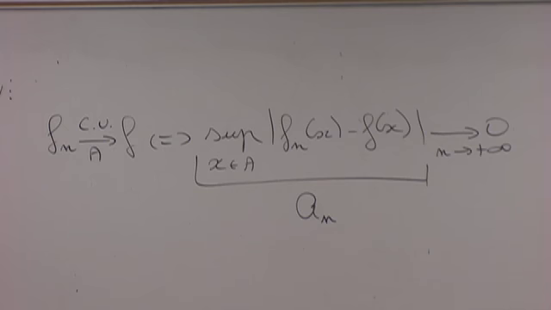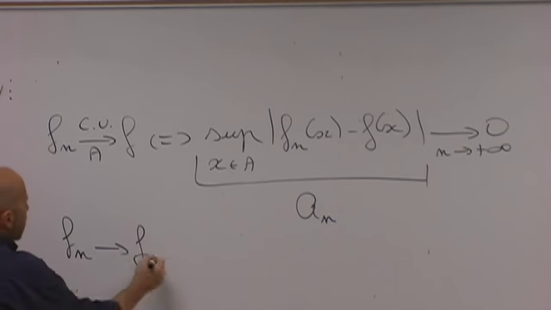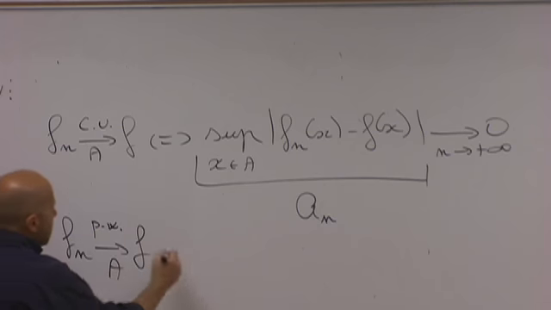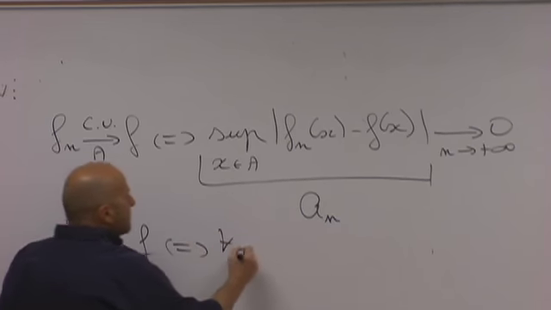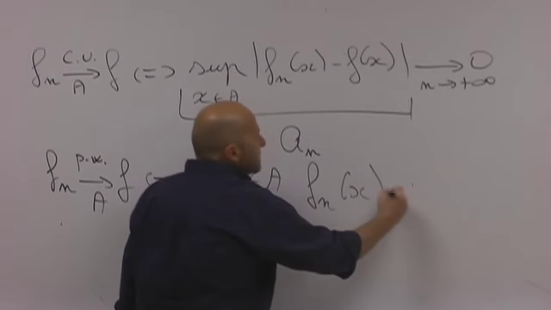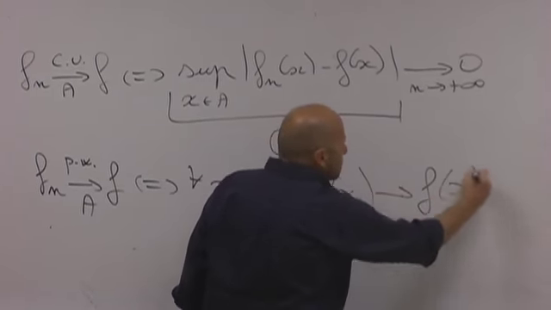Okay? The convergence we have been talking about is the pointwise convergence. When we say Fn converges to f pointwise on some A, it means that for every x belonging to A, Fn(x) must converge to f(x).